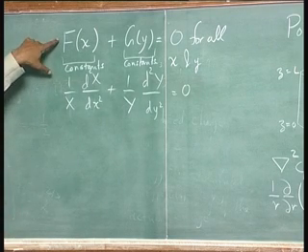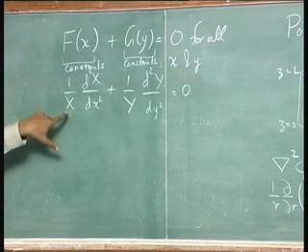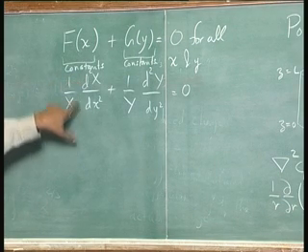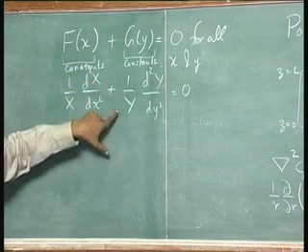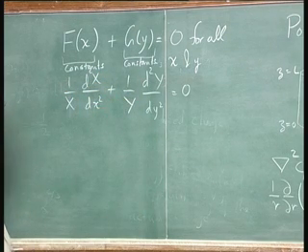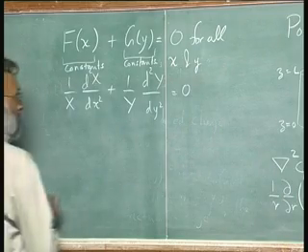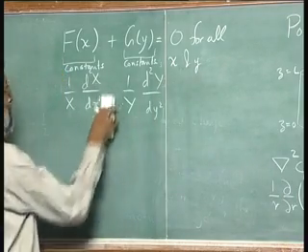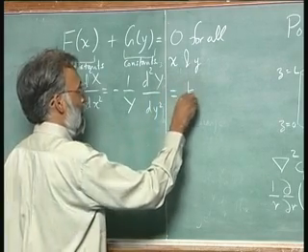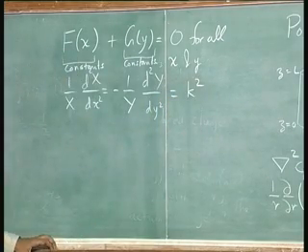So, this argument tells us 1 over X d squared X dx squared is a constant, and 1 over Y d squared Y dy squared is also a constant. So, let us give that constant a name, that is, let us say this is equal to minus 1 over Y d squared Y dy squared, which is equal to some k squared.